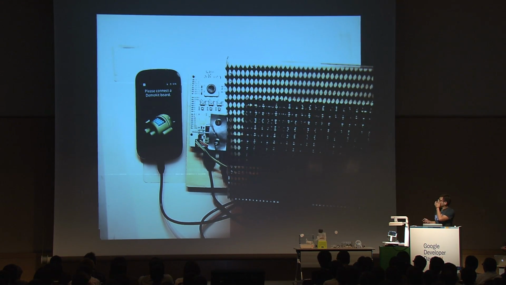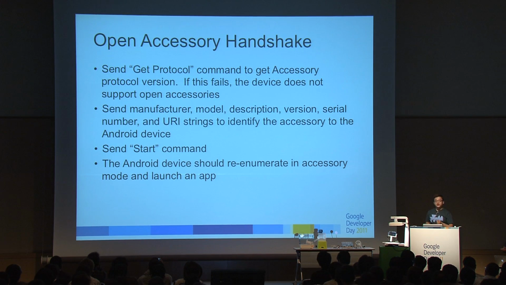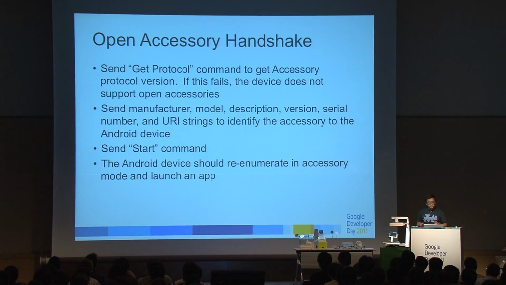And let's talk a little bit about, can we switch back? Thank you. So let's talk a little bit about the open accessory handshake. The first thing, when I connect to the phone, the accessory will send a GET PROTOCOL to get the protocol version from the Android device. For now, there's only one version, which is version 1.